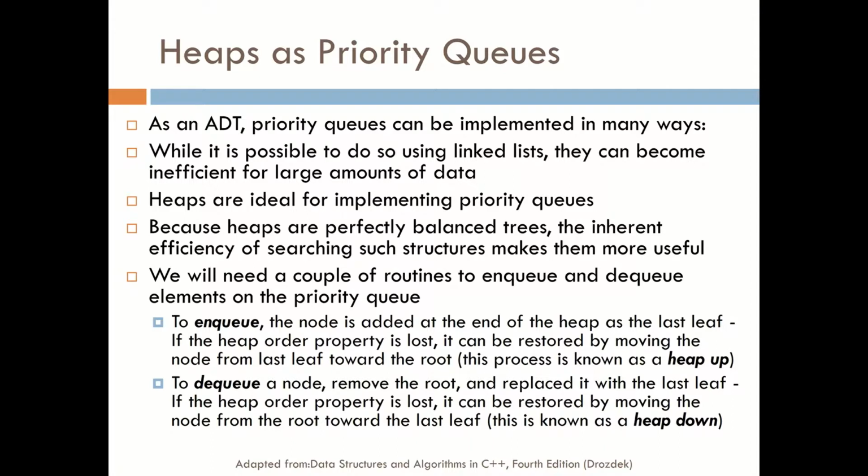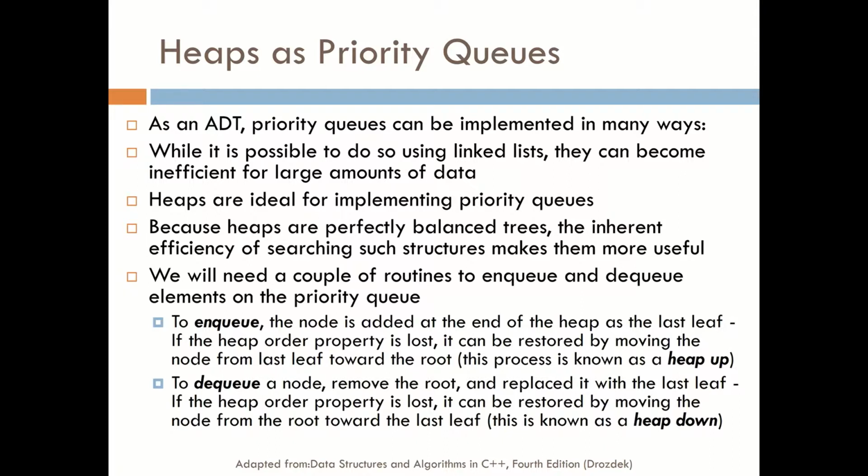So let's take a look at heaps as priority queues. As an abstract data type, we've mentioned the priority queue can be implemented in any of a number of ways. It's actually possible to do so with linked lists, but it becomes really unwieldy as we add data. And so I can show you an example.